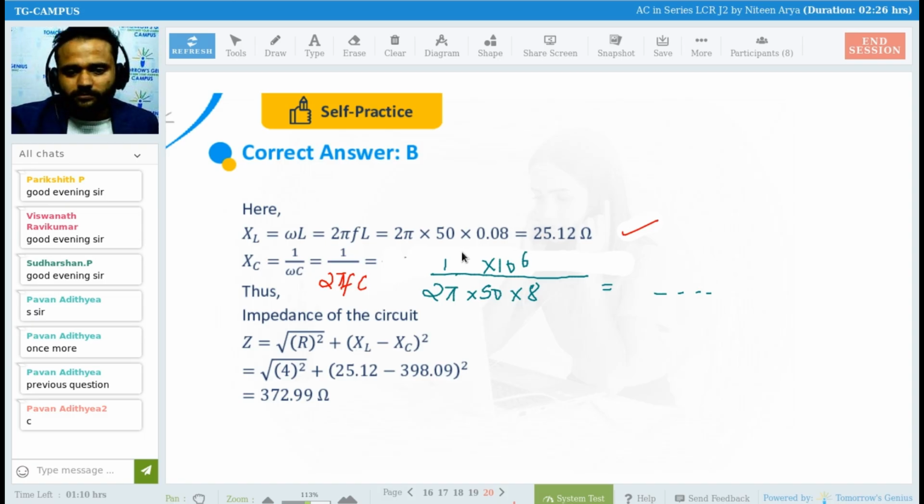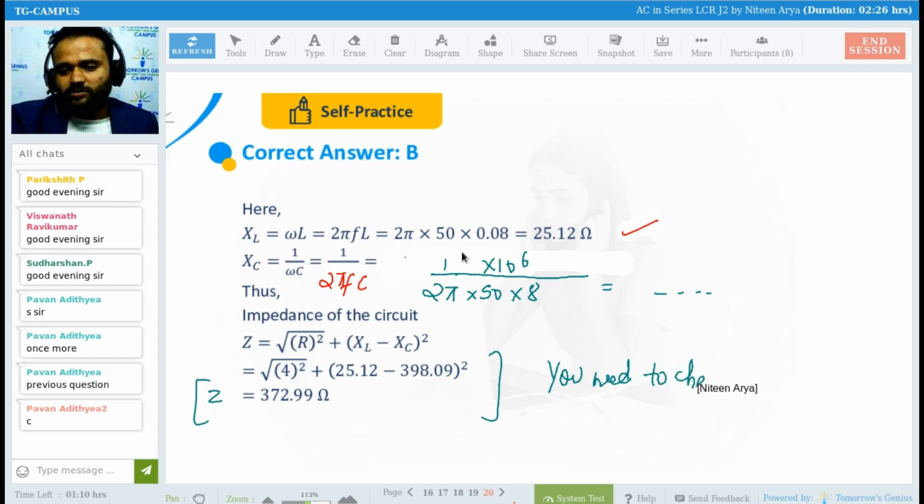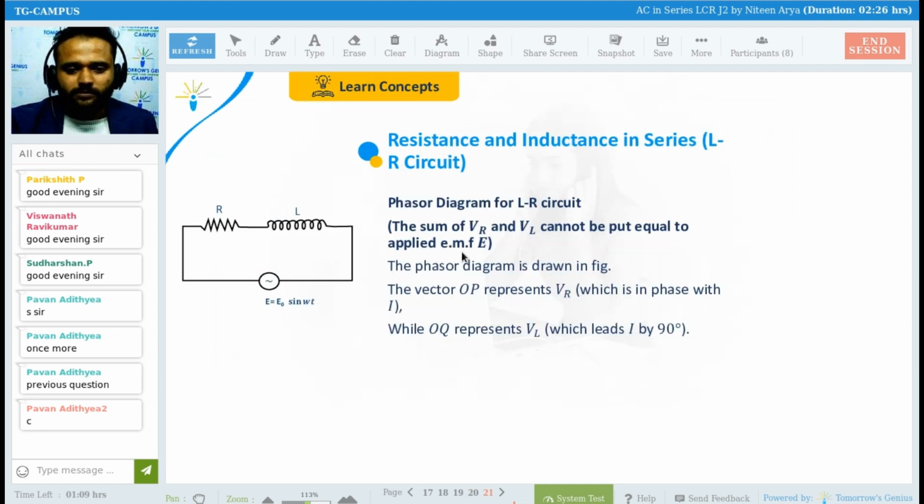Check it out. The process is still the same, but you need to check the answer. Clear, everyone? Or should I solve it for you? Pi is 22 by 7. Okay, do that, because it takes time. I can solve it out, but it takes time. Clear na? This is the method. You can solve it out.